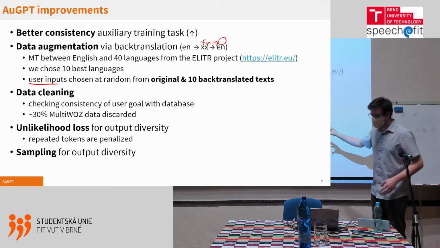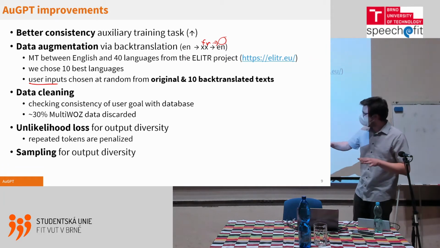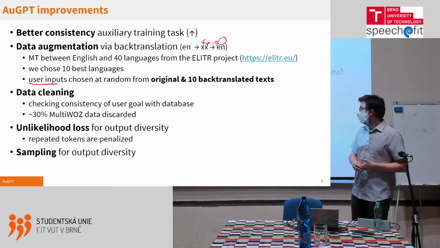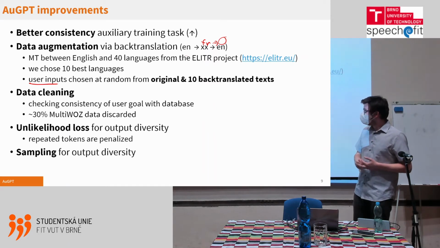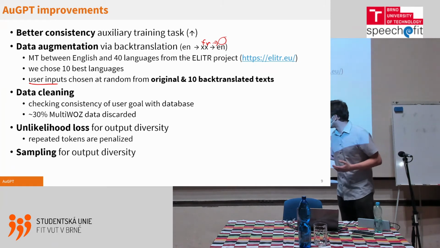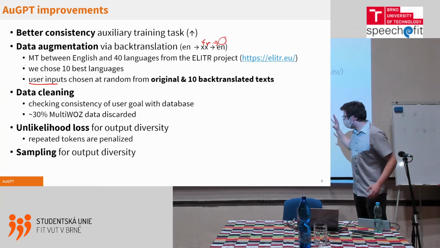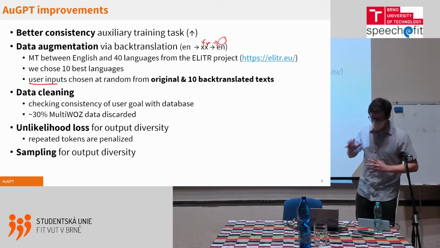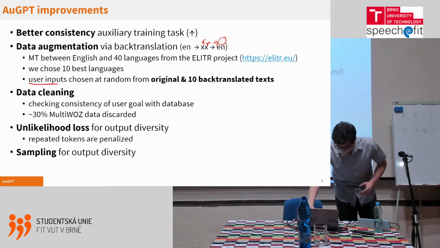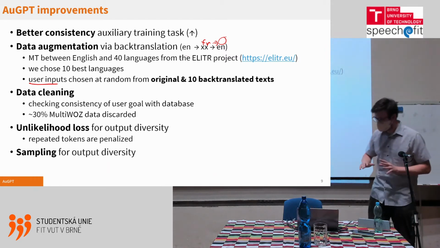Obviously, it has a low weight, so the system is generally allowed to repeat input tokens. But if it can rephrase it and say it in a different way, it's promoted, or it's not penalized at all. So that's also something that helps us to get more diverse, more interesting outputs. So these are our improvements over the base setup.